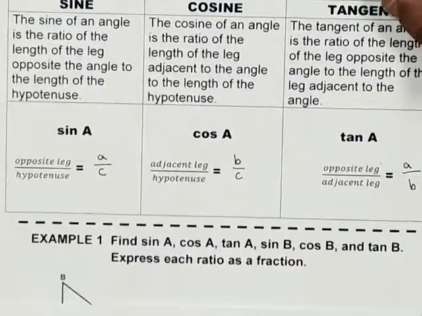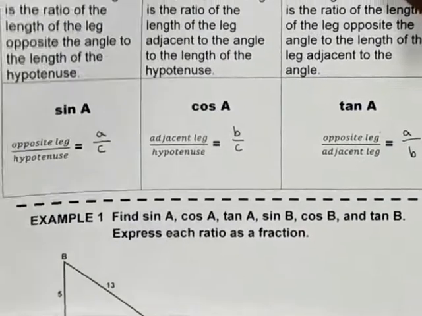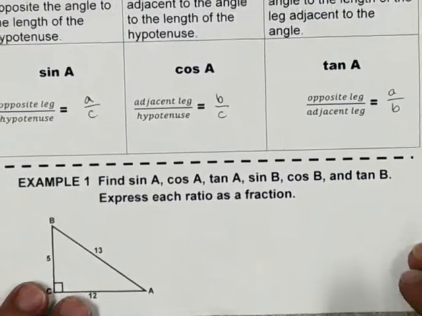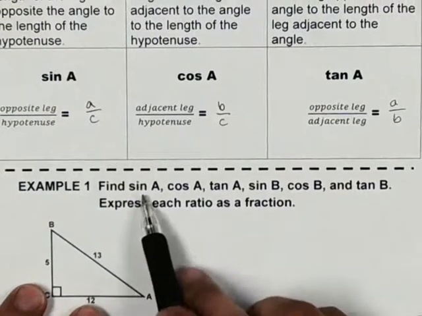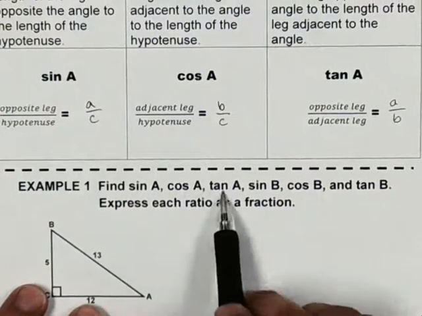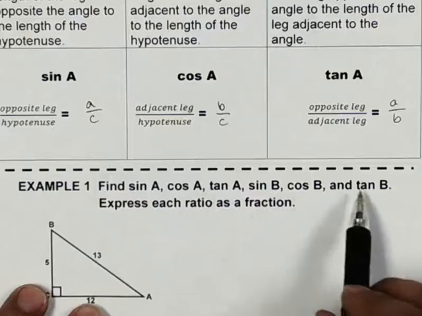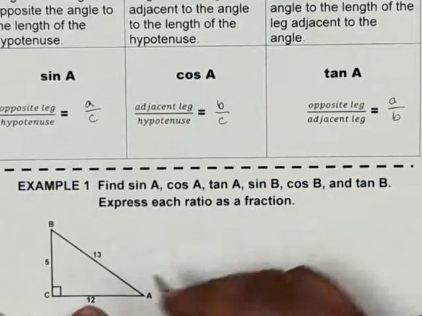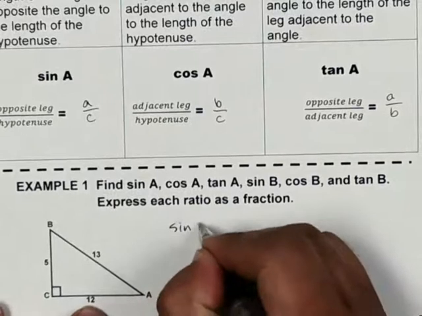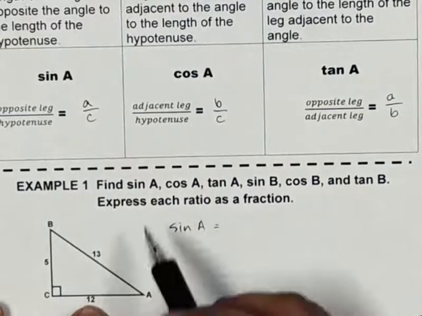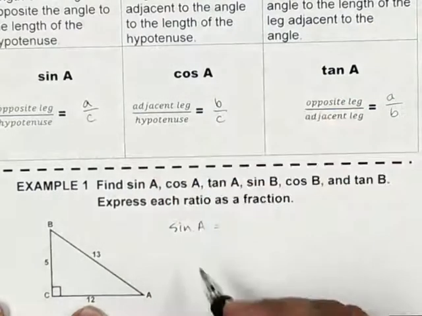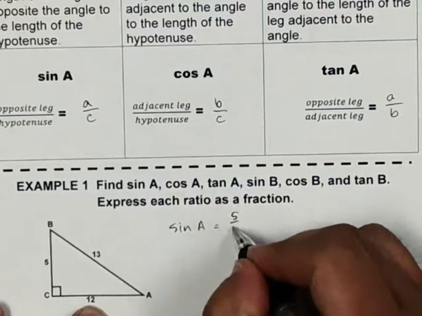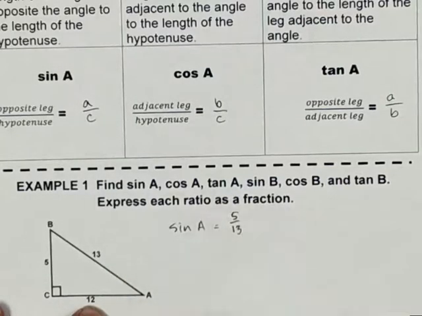All right, so now let's look at an example using these three trig functions. I want to find the sine of A, cosine of A, tangent of A, and then the sine of B, cosine of B, and tangent of B. I have this right triangle here. Sine of A is going to equal the opposite over the hypotenuse, so that's 5 as my opposite of A, and the hypotenuse is 13.